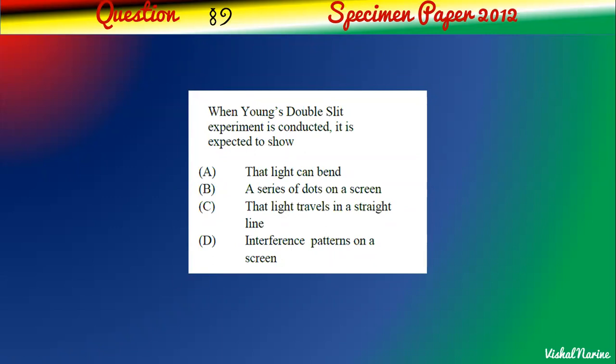Question 89, it asks us about Young's double slit experiment. What is it all about? It is basically about interference patterns on a screen. All right, so 89 is interference patterns on the screen.